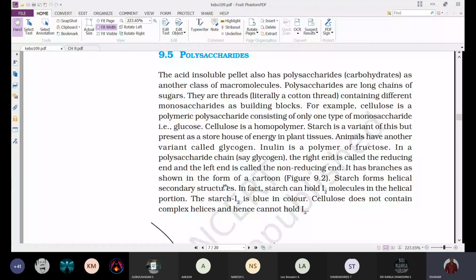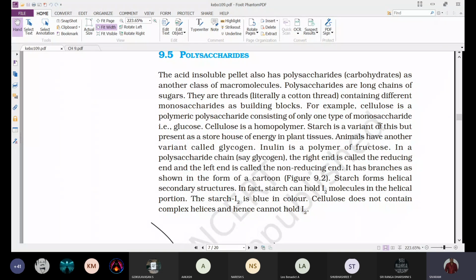That is what we can see here, polysaccharides containing different monosaccharides as building blocks. First we discussed homopolymers. For example, cellulose is a polymeric polysaccharide, a large number of molecules consisting of only one type of monosaccharide, glucose. So cellulose is a homopolymer.